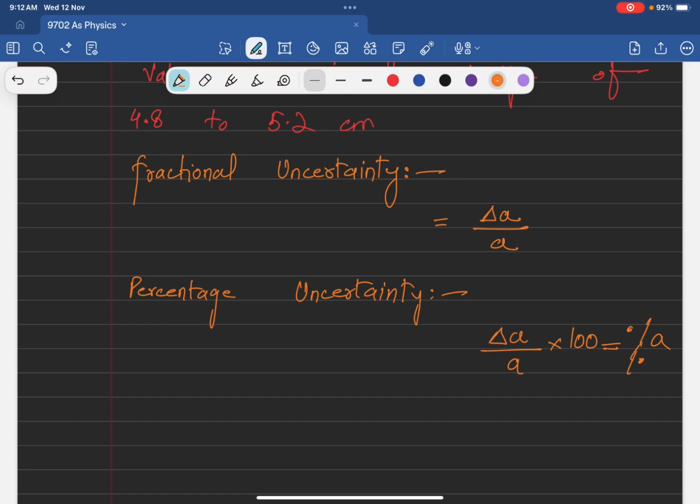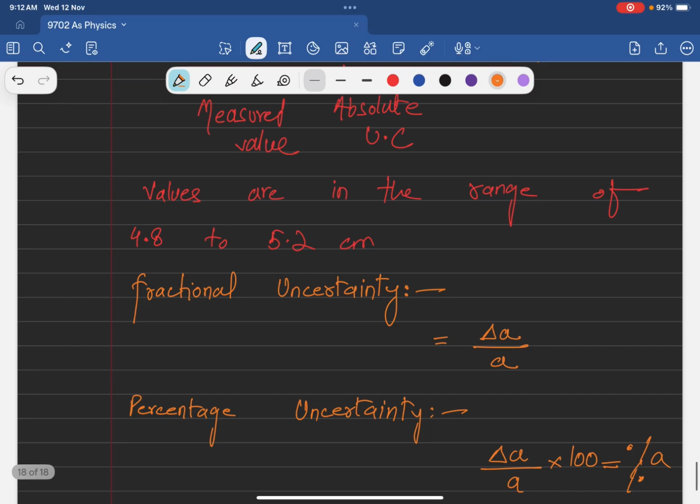So simply, if I multiply the fractional uncertainty by 100, now my uncertainty will be stated in percentage: 1%, 2%, 100%, 50%. So that will be percentage uncertainty.